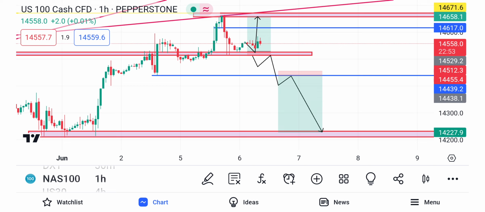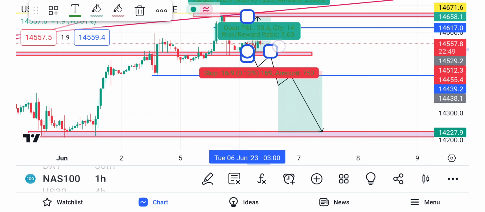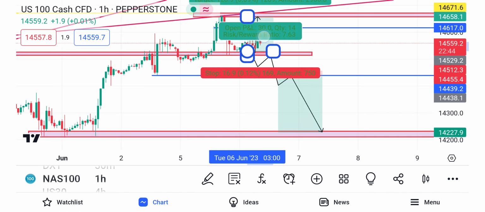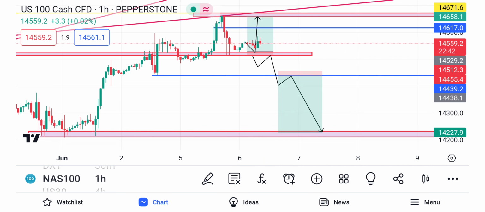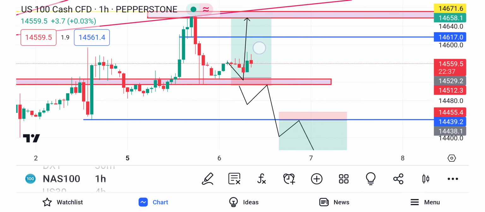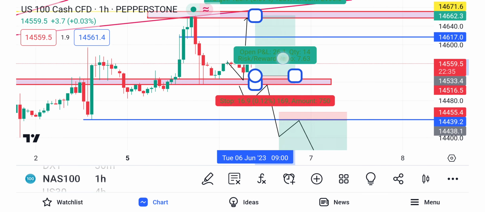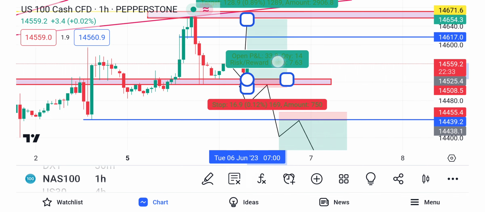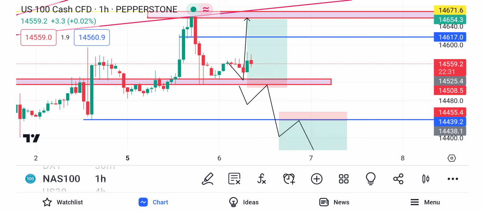On the 1-hour time frame, I took the decision. Basically guys, should the market break there, I'll sell only if the market breaks here.